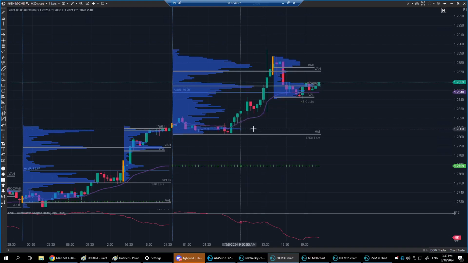Now we have this high volume node here. Very interesting. You don't only look at the POCs, right? You also want to see where the volume is. So we've got two high volume nodes here. 2871.